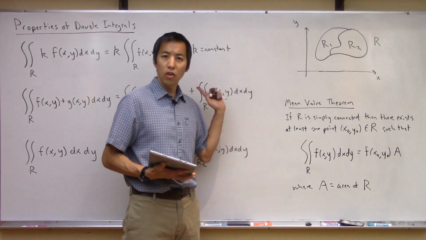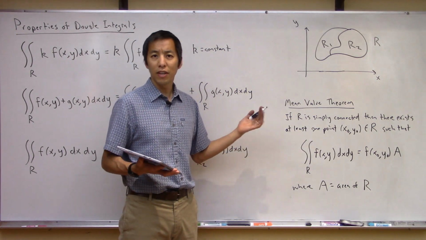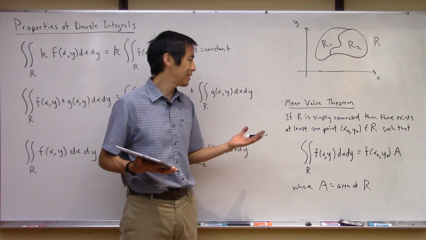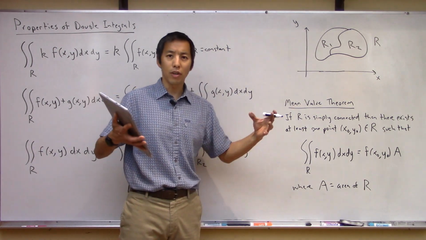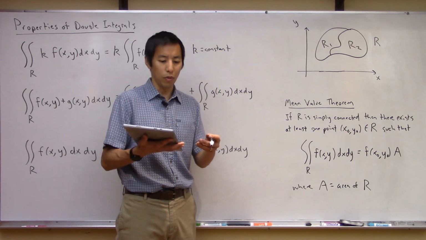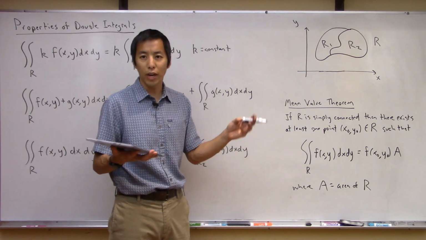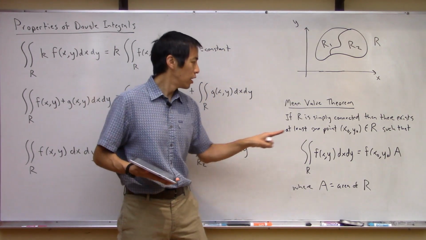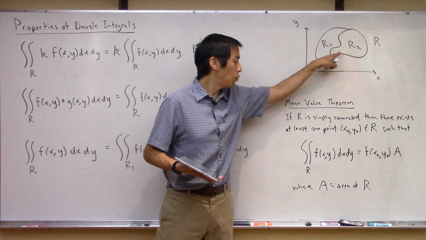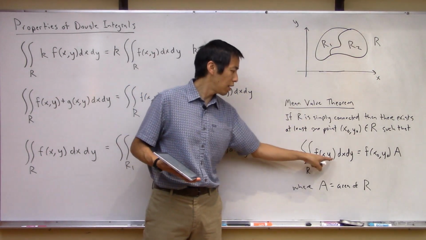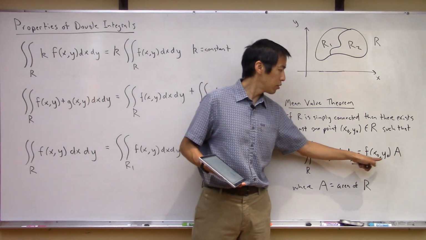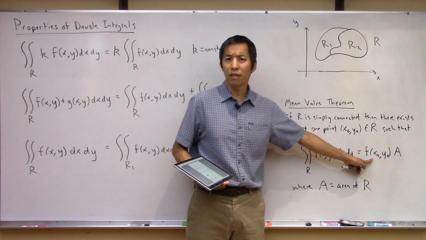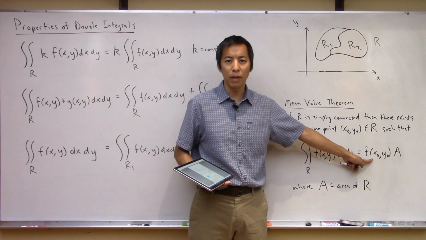So you can apply some of these properties and some of these ideas to come up with things like the mean value theorem, right? So the mean value theorem for double integrals basically says that as long as this region R is simply connected, right, that effectively you don't have any holes or disjointed parts in it, then there's at least one point, let's call this point x naught, y naught, somewhere in this region such that this double integral is basically just equal to the area of this region times the average value, so to speak, of the function, right?